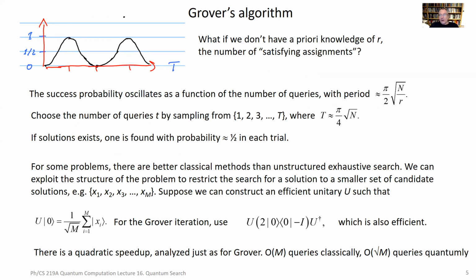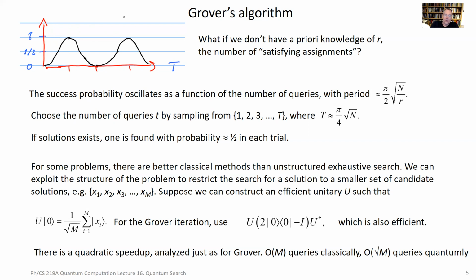And we don't a priori know how many solutions there are. Well, let's hope there's at least one. But there could be some large number r. Capital N is huge. We'd be happy to find any one of them. But depending on how large r is, the state as we make additional queries is going to rotate at different rates, and we don't know what that rate is.